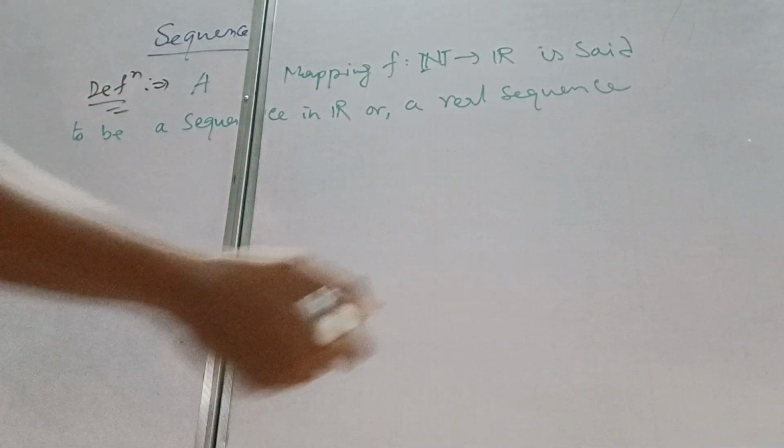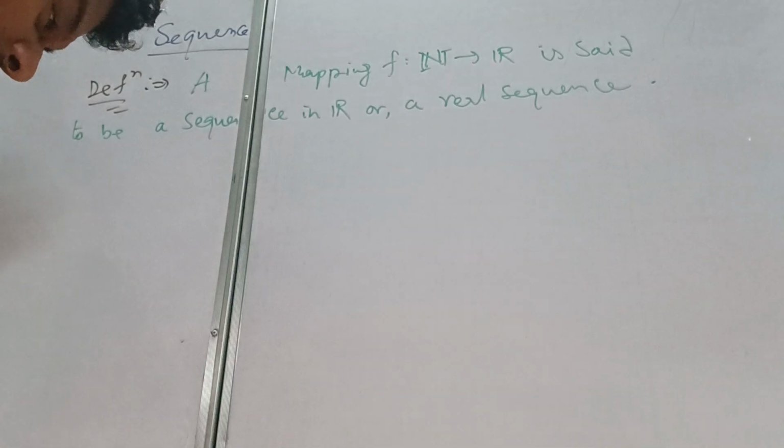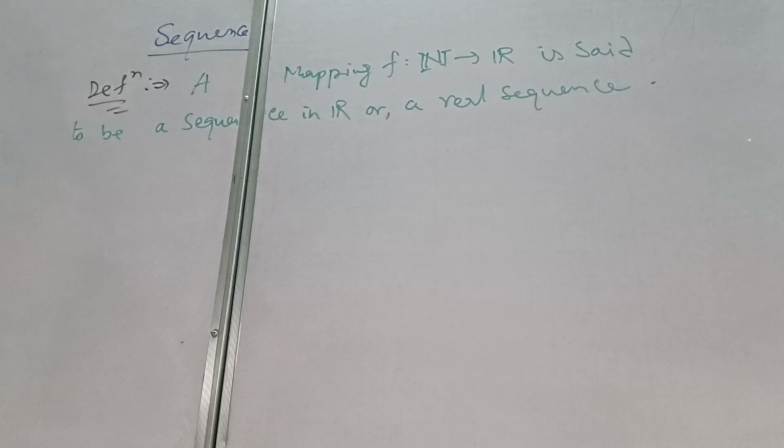That means if there is a mapping from the natural number set to the real number set, we call this mapping a sequence, or a real sequence. Then we are also going to discuss some examples of sequences.